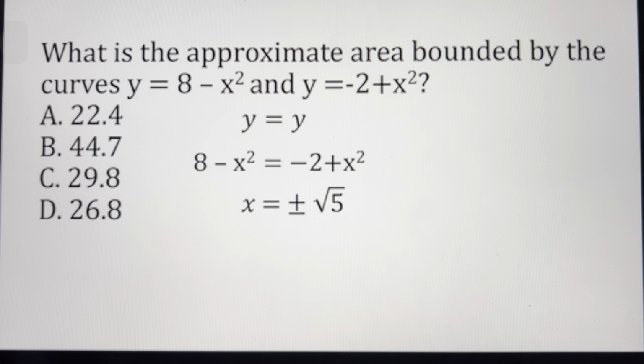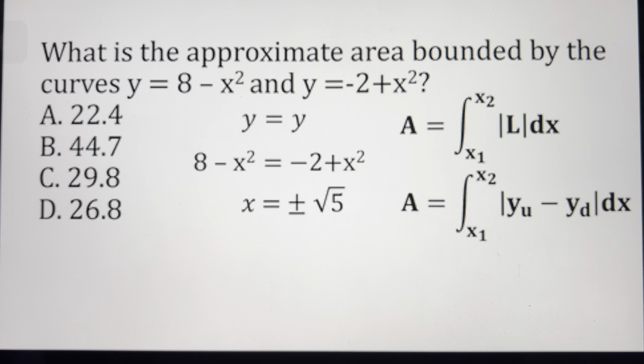One step also is to draw the figure, but we can optimize the process by getting our area without the figure as the integral of the absolute value. Meaning, regardless of which is y up or y down, our answer will still be correct.